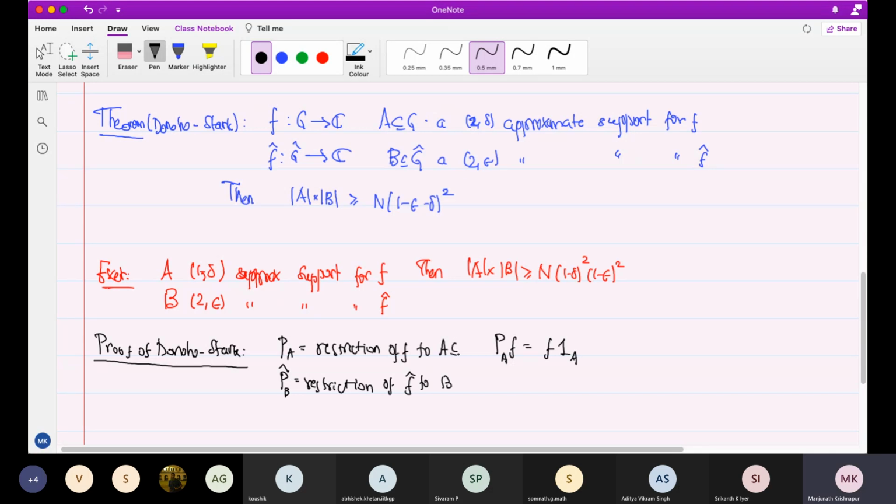Here A is a subset of G and B is a subset of G hat. P_B hat is the restriction of f hat to B.